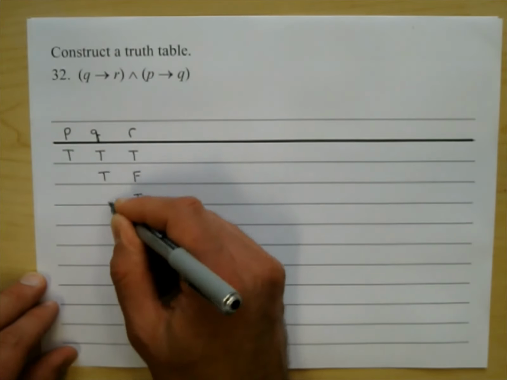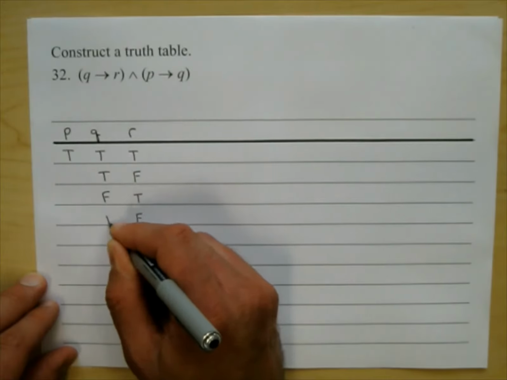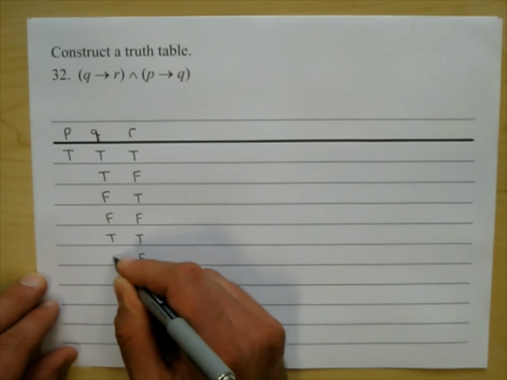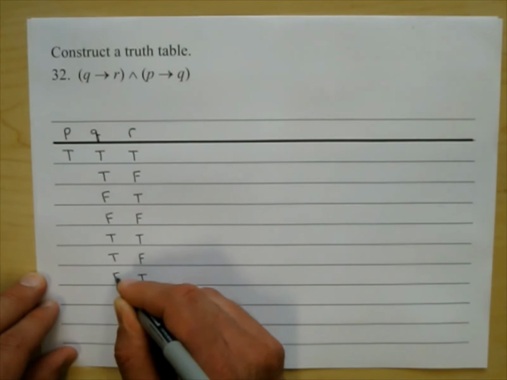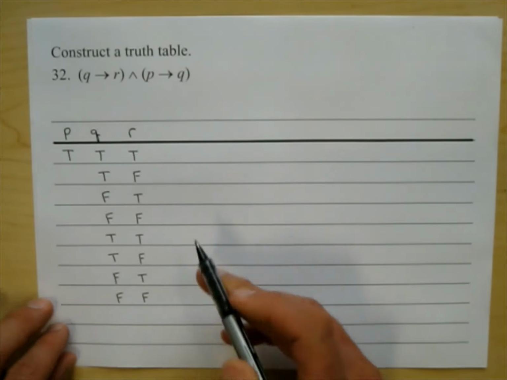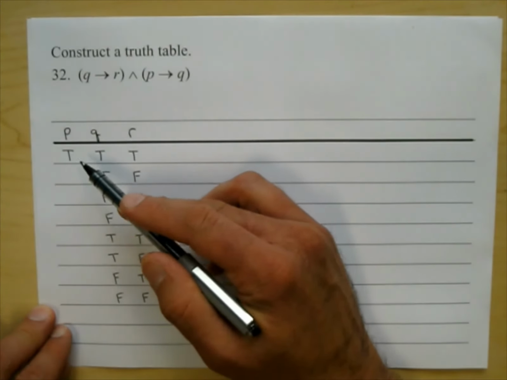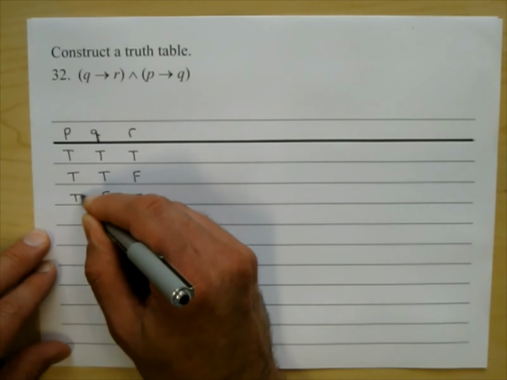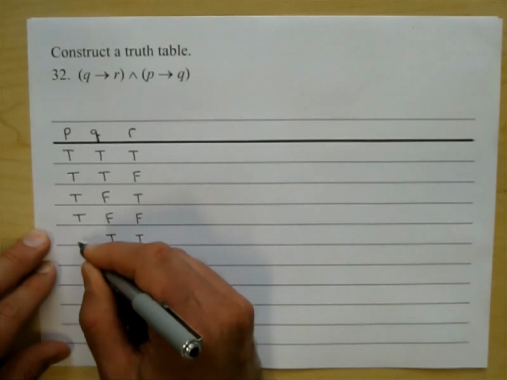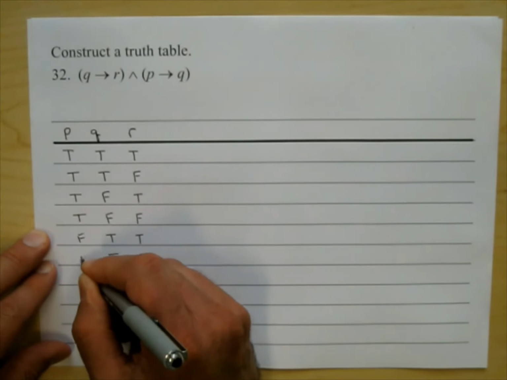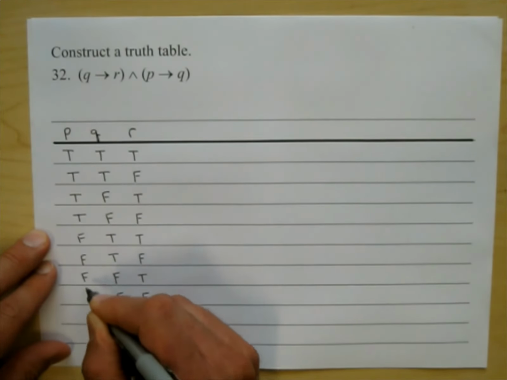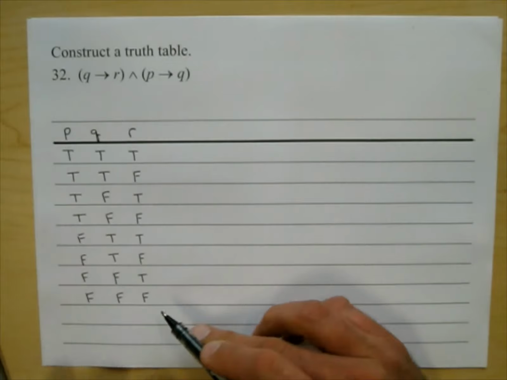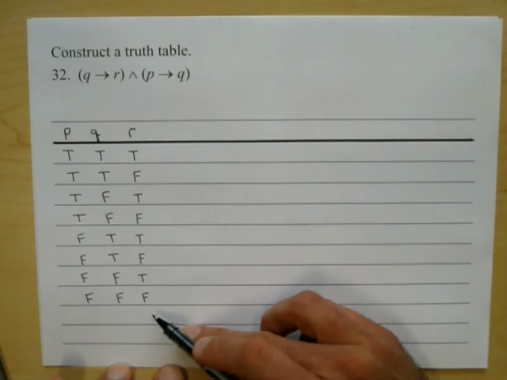So there's 2 trues and 2 falses, and 2 trues and 2 falses. The P column I'm going to alternate by 4s. So we have 4 trues and 4 falses. So this gives me all 8 situations that I need.